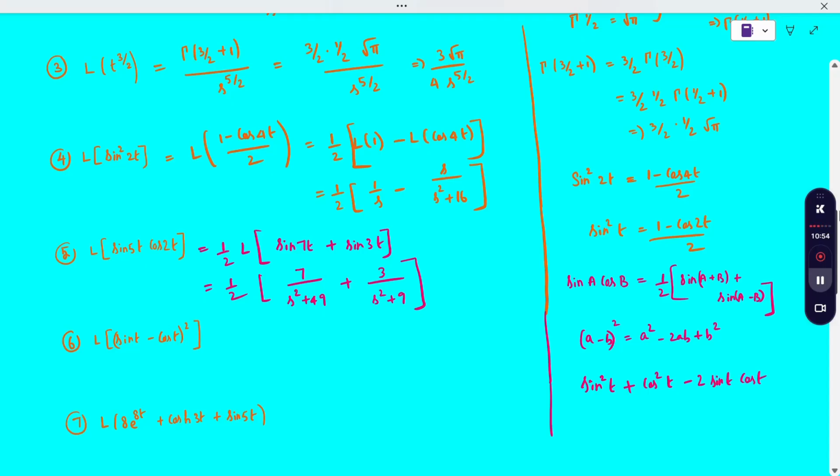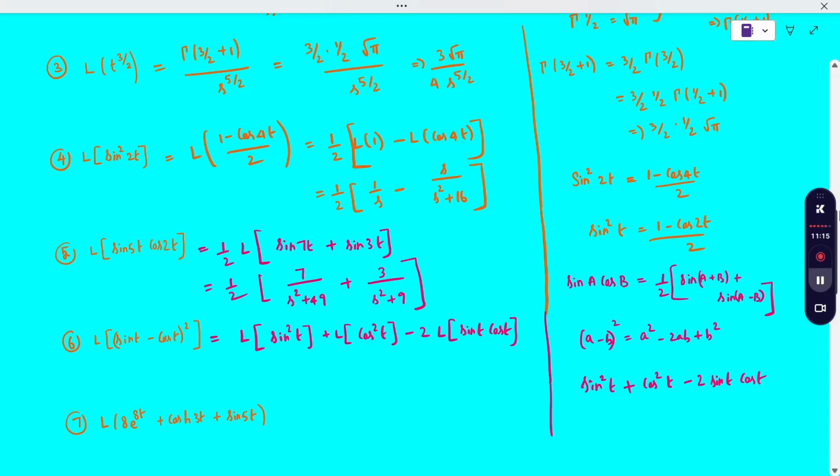Correct? First we split the terms: Laplace transform of sine squared t plus Laplace transform of cos squared t minus 2 Laplace transform of sine t cos t.